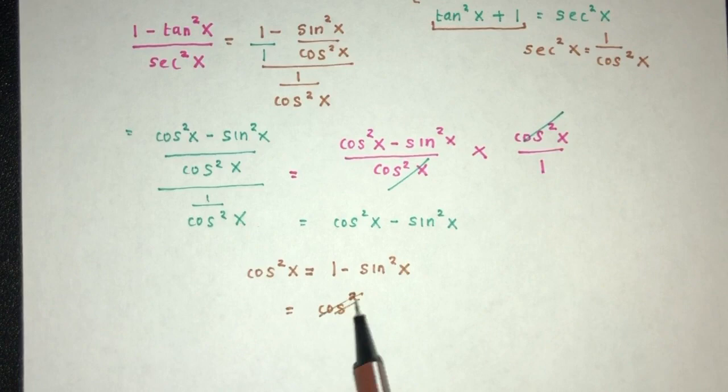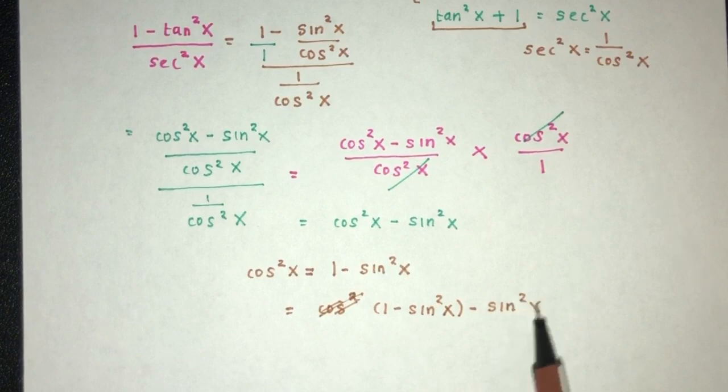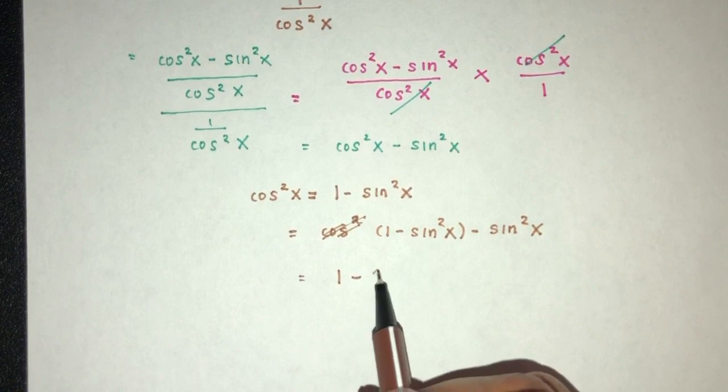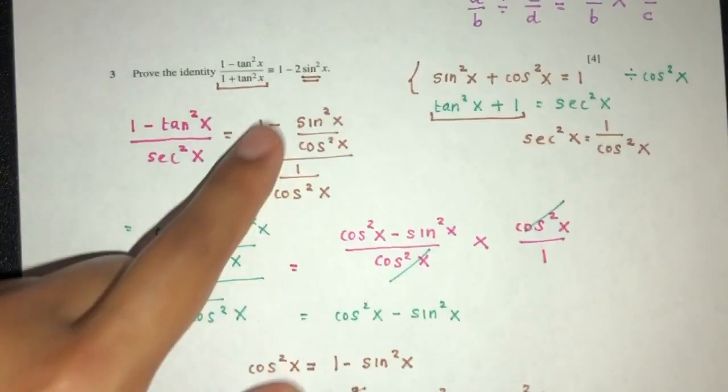So let me replace first. That will be 1 minus sine square x minus sine square x. Now simplify, you would simply have 1 minus 2 sine square x. Okay, and this is shown as required.